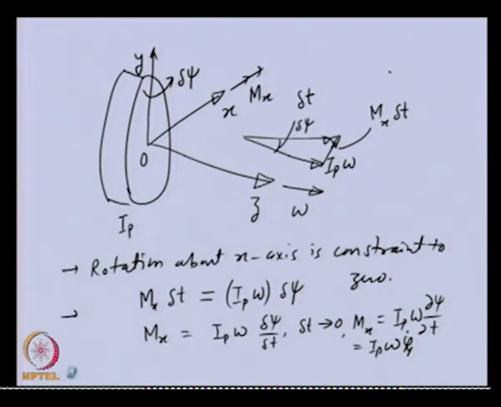So let us write that gyroscopic moment again here. This is the angular velocity of the disc about y axis. This is called precession, precession of the disc.